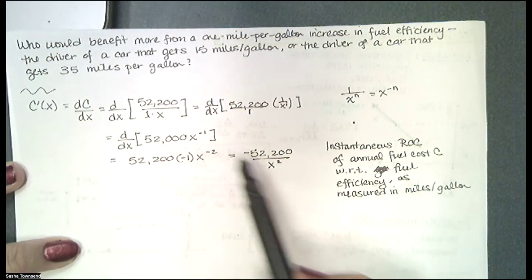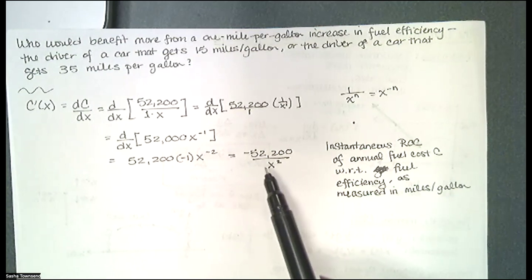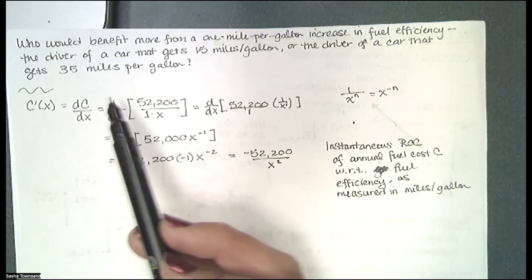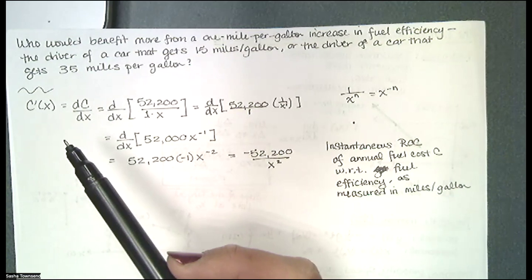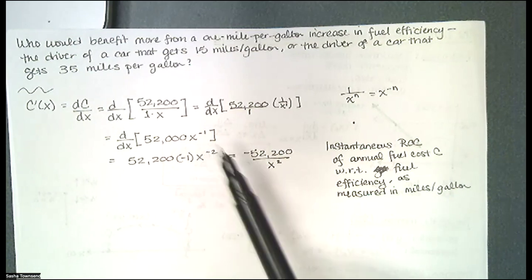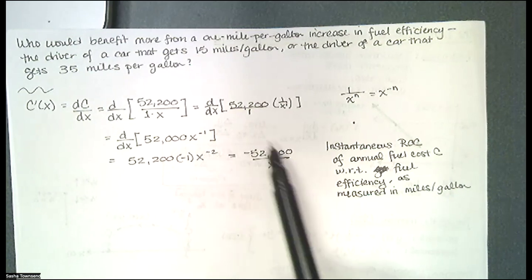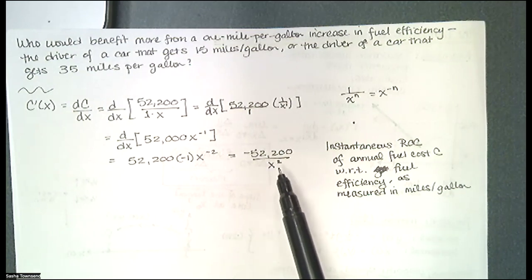So if I plug in a particular number of miles per gallon, let's say your car gets 35 miles per gallon, then this is going to give me the instantaneous rate of change of fuel costs as we go from 35 miles per gallon to 36 miles per gallon. So our car is getting even more fuel efficient and our cost is decreasing. We can tell it's decreasing because this function is always going to be negative as our cars get more efficient.